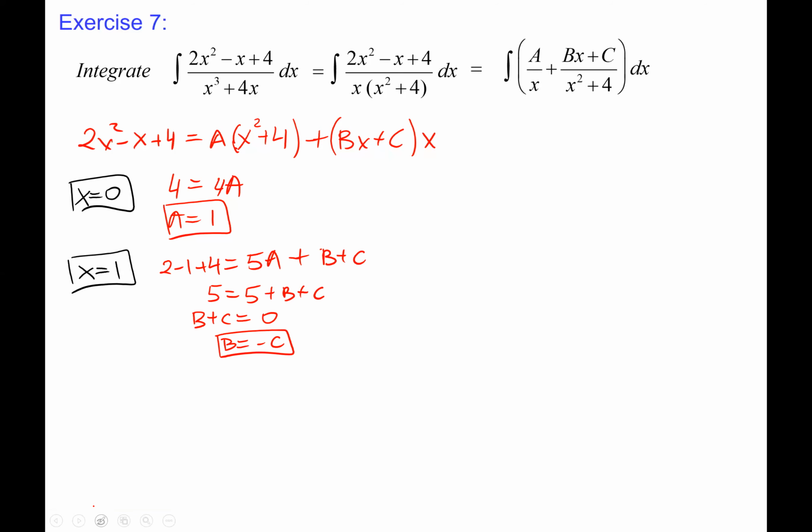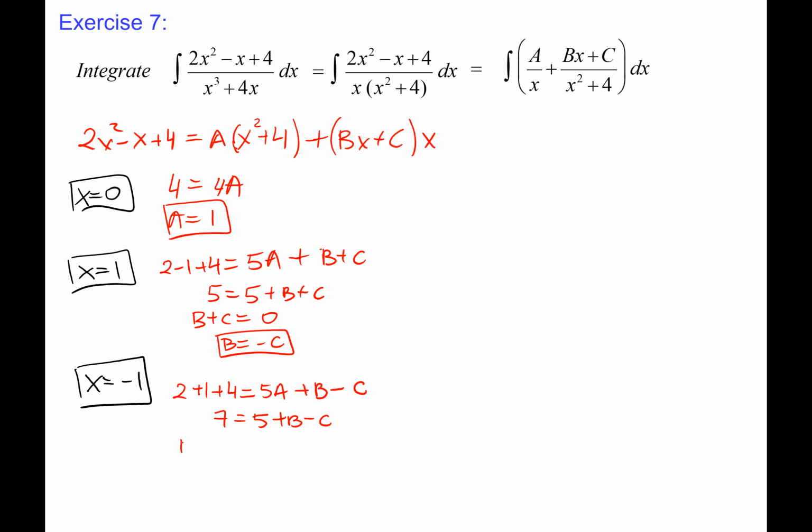I need another equation, maybe negative 1. Let's see. 2 plus 1 plus 4 is 7, 5a, and then negative b, and negative times negative c will be positive, so b minus c. 5 times 1 plus b minus c.